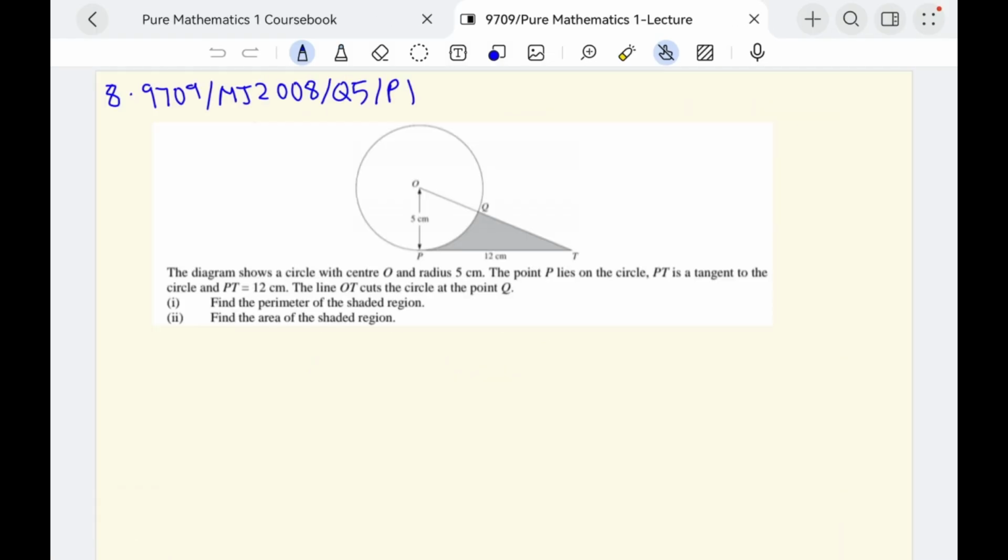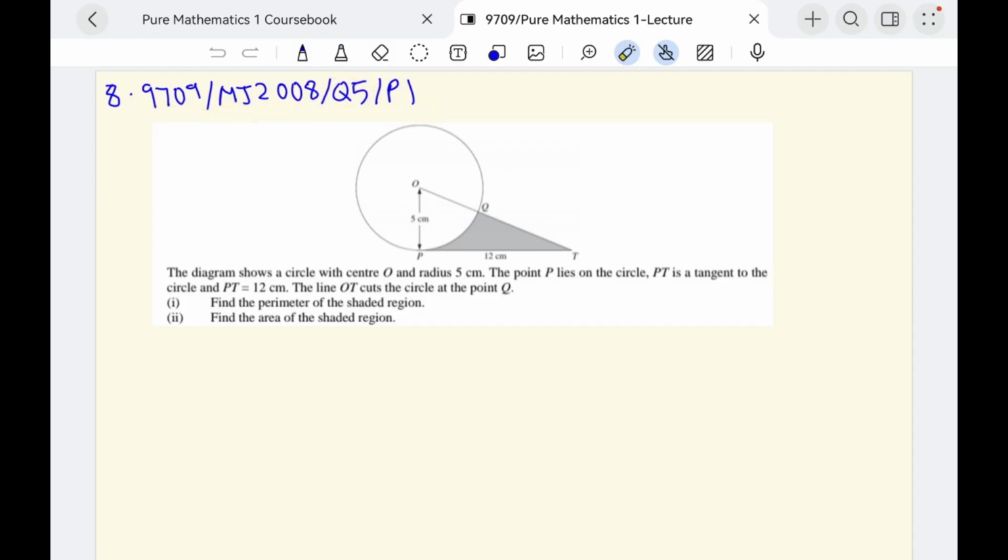Alright, here is the next question, but this is the first question of the past year questions among the exercises for chapter 4. Okay, so you may check that this is the 9709 May June 2008 question 5 from paper 1.